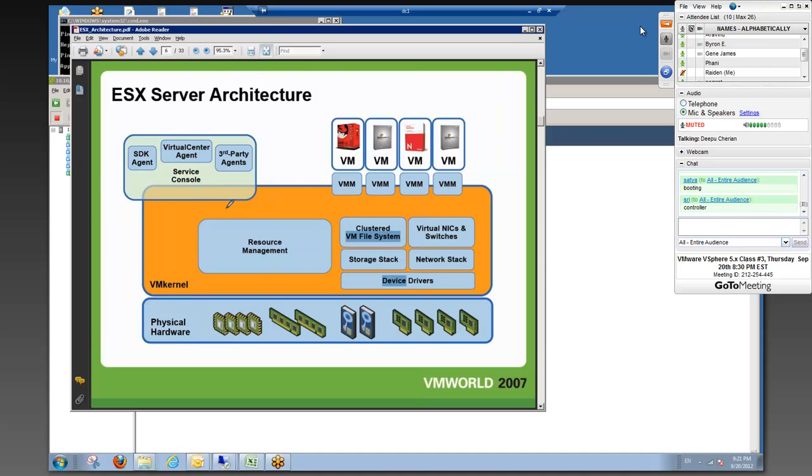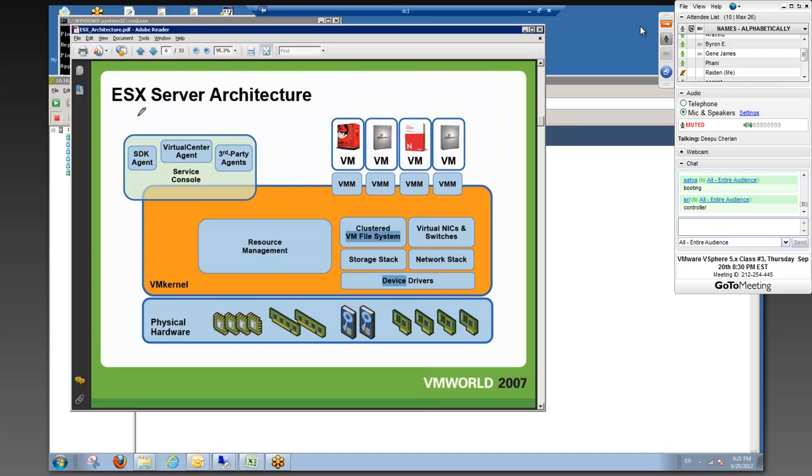So a service console is nothing but a customized version of Red Hat Linux, and it has certain software inside it for different management things. I told you yesterday, if you want to monitor HP hardware, this is an HP server, and I want to monitor the hardware, I can install an HP agent inside this server.